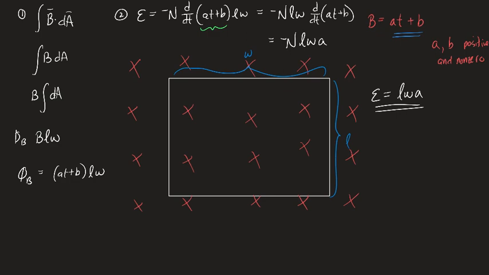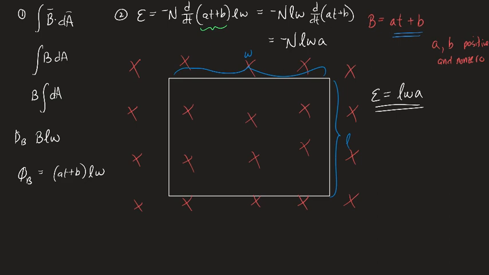There's a lot of commas in that. Lenz's law. So, the EMF produces a current that produces a magnetic field that opposes the change in flux.